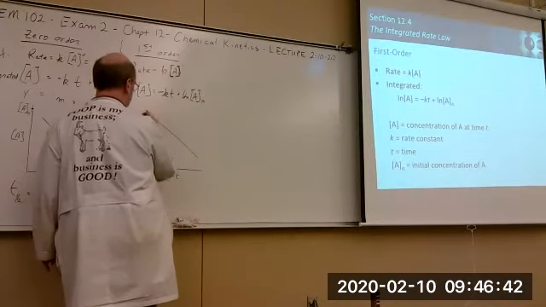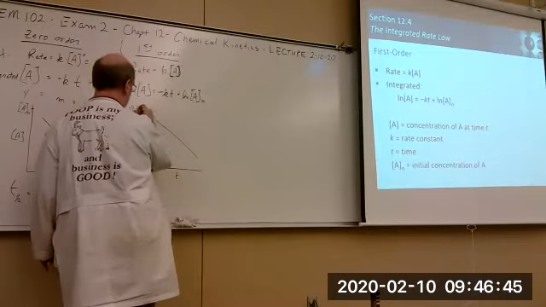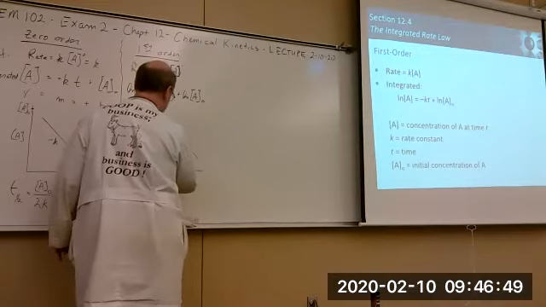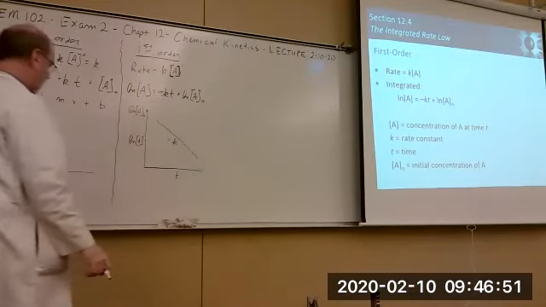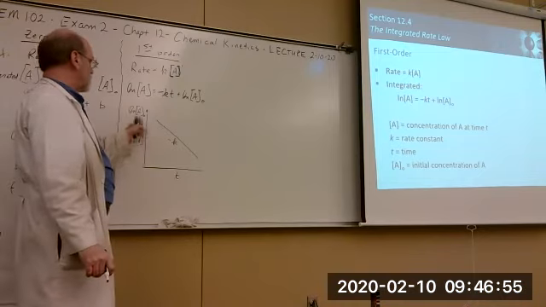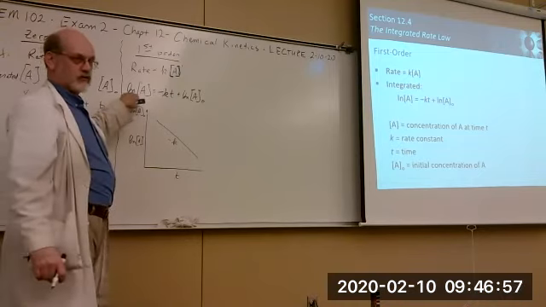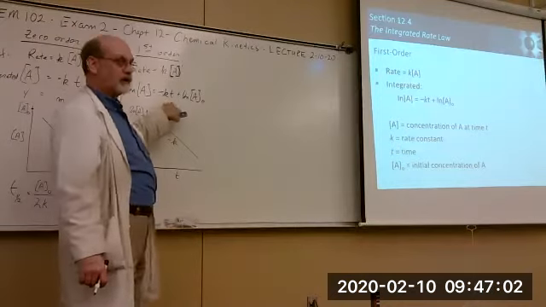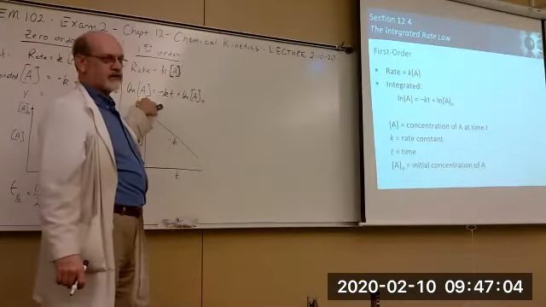And this is going to be the natural log of the initial concentration with a slope of minus k. So the only way you get a straight line out of this one is to do the natural log transformation of your data. You leave your time alone, but you just transform the concentrations into the natural log.